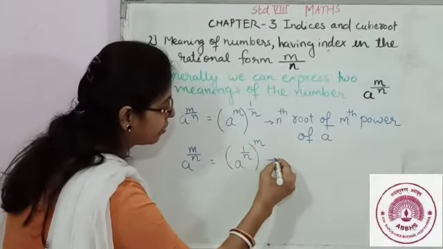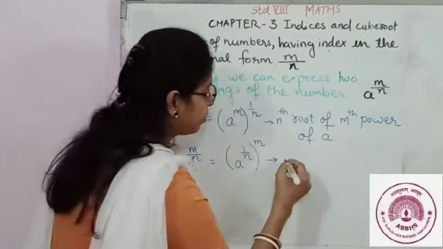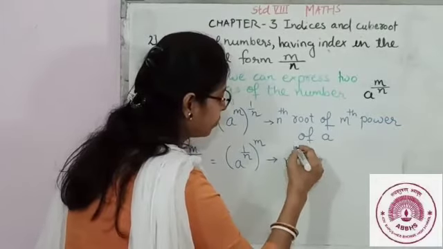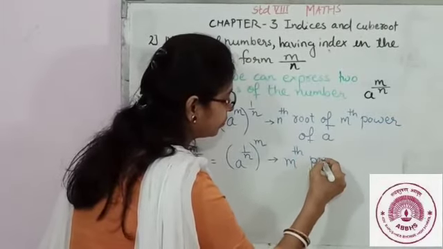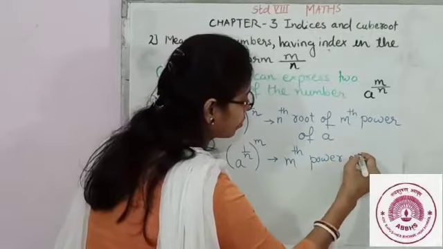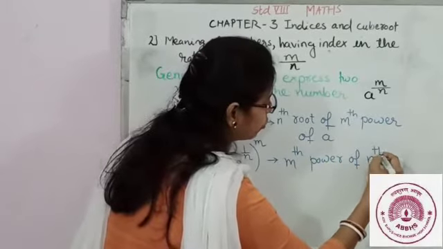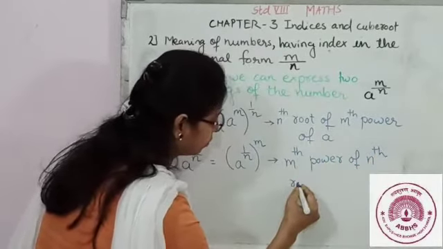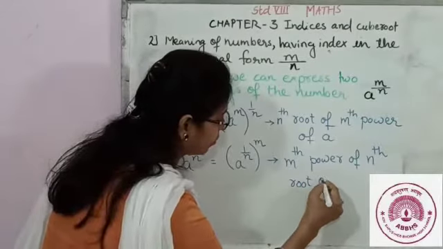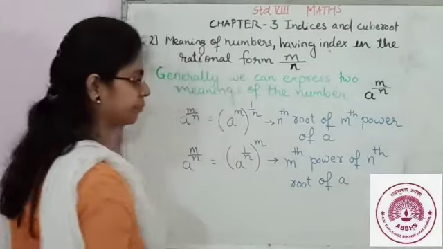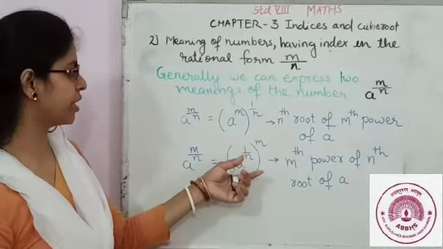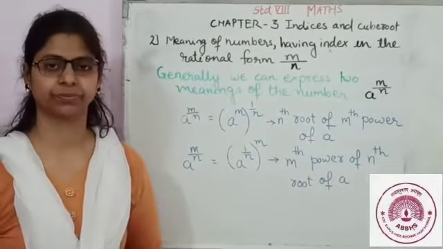Now we can read this as mth power of nth root of a. Okay, this is how we can read the numbers.